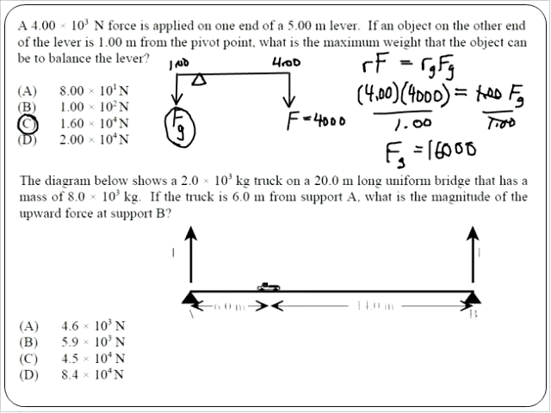Now we've got a bridge. And again, the forces for the most part are given. This is force A right here. It didn't come out very good here when I copied it from the public, but this is force B at this end. These are the distances, 6.0 right there, and 14.0 right there, meters and meters. And we got A and B on the two ends. So we've got two other forces that are not actually shown.